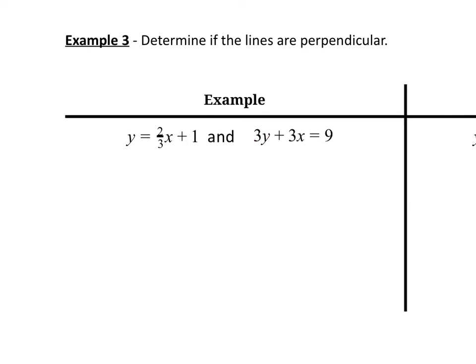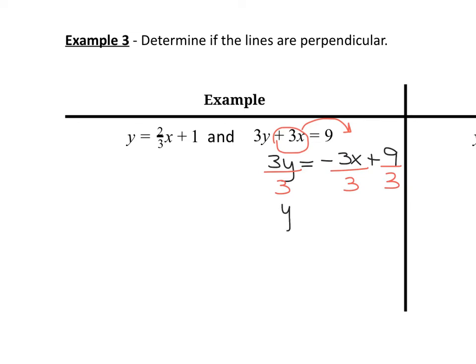To begin with, I know that this positive 3x is on the wrong side. It needs to come over so that we can have just the y left over on the left-hand side. Once I bring that 3x over, I'm going to be left with 3y equals -3x plus 9. Then to isolate for the y, we need to divide every single term in the equation by 3.